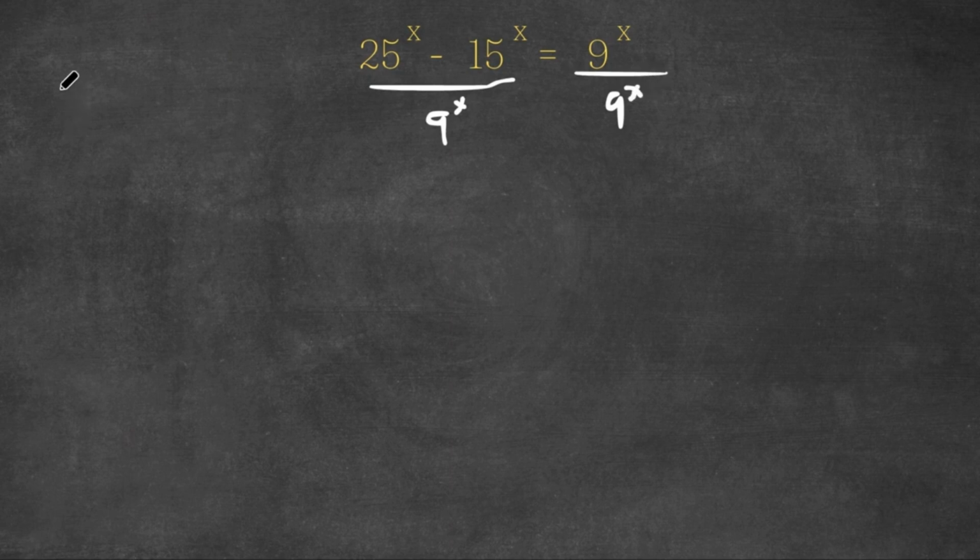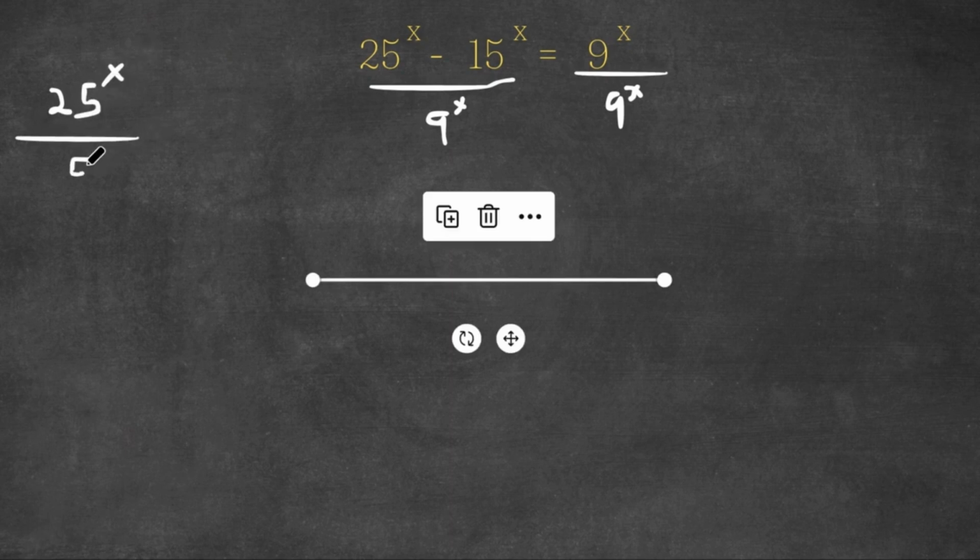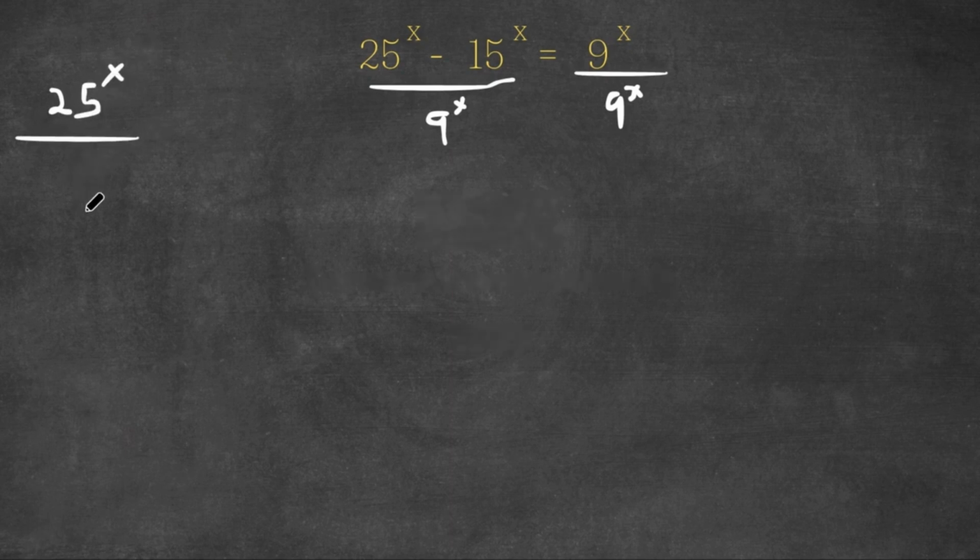So now we get 25 to the power of x over 9 to the power of x minus 15 to the power of x over 9 to the power of x. And this is equal to 9 to the power of x divided by 9 to the power of x, which is simply 1.